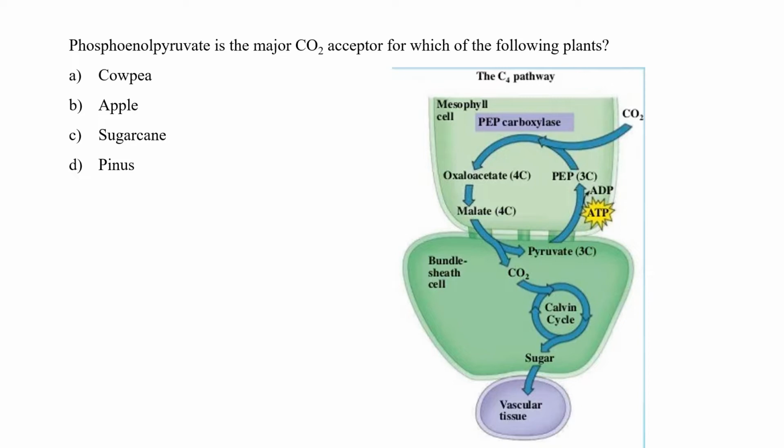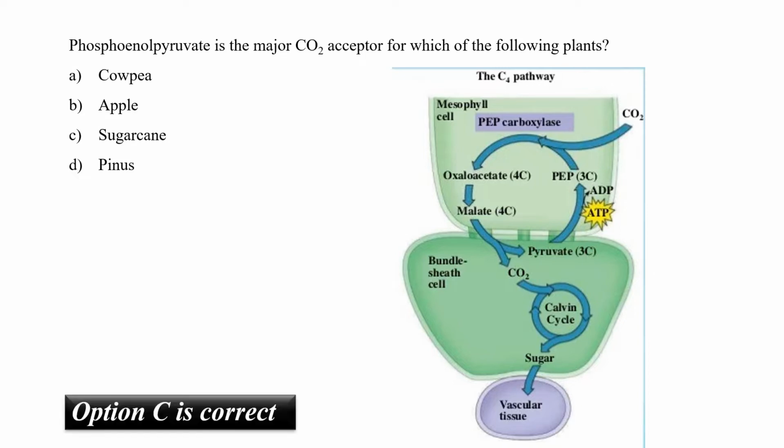Plants which do not have adaptation to combat photorespiration, a wasteful process, such plants are known as C3 plants. Now, C4 plants such as millets, maize, sugarcane, and tropical savanna grasses are adapted to stay in dry, hot conditions and can effectively combat photorespiration, can fix the carbon dioxide more efficiently than C3 plants. So here the correct answer is option number C, sugarcane.